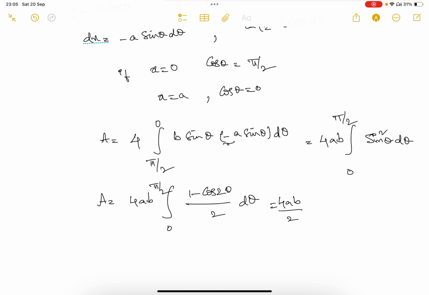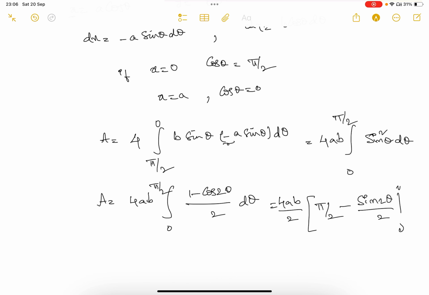4ab by 2, right? You can just do 4ab by 2 into integral d theta will be theta, and pi by 2 minus 0 is pi by 2, minus integral of cos 2 theta. Integral of cos 2 theta is sin 2 theta by 2, right?